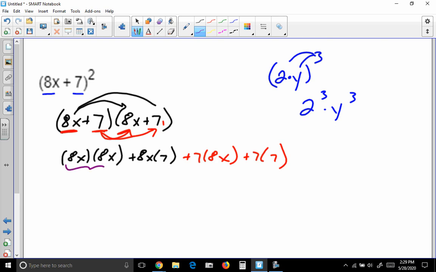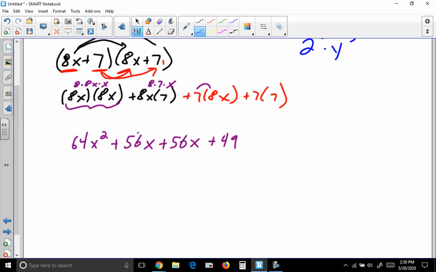So here, if we were to rearrange this, we would have 8 times 8, x times x, 64, x to the second. Here we would have 8 times 7 times x, so 56x. 7 times 8 is another 56x, and then we have 49 on the end.